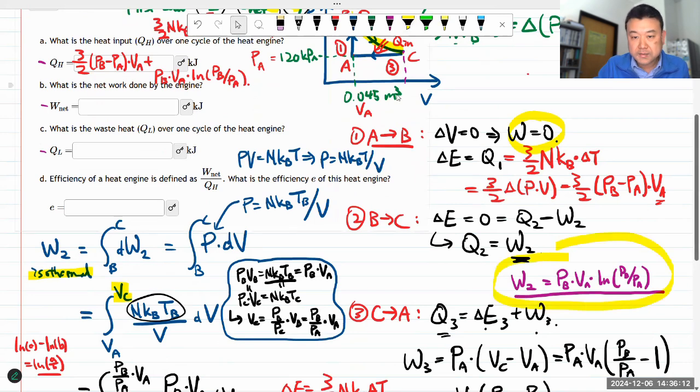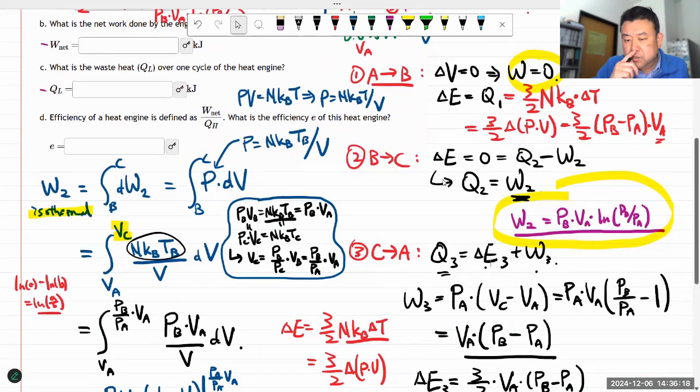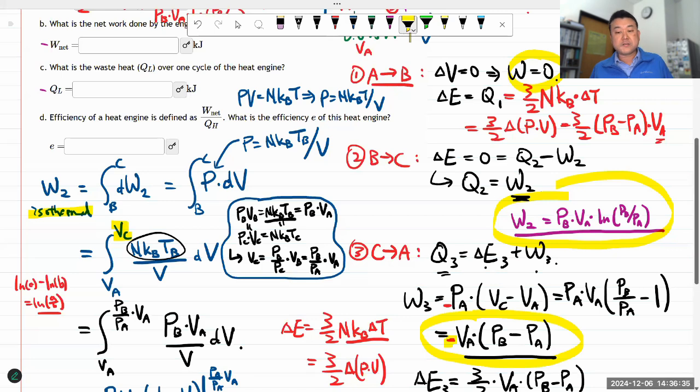Now in process step number 3, I'm doing negative work. And I think that might already be built into the expression. Let's just see. So really I should have had a minus sign here because I wrote this as a positive number. And in process number 3, you will do negative work. So I need to make sure that I remember this minus sign.